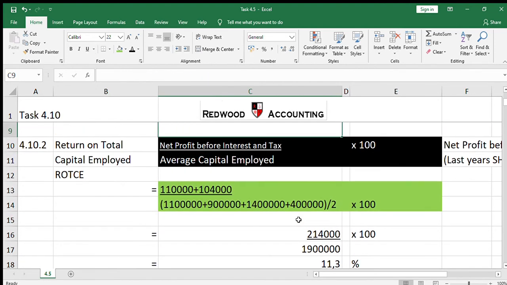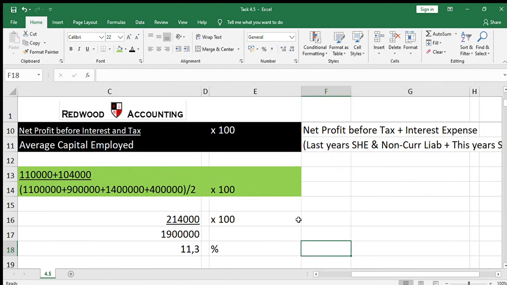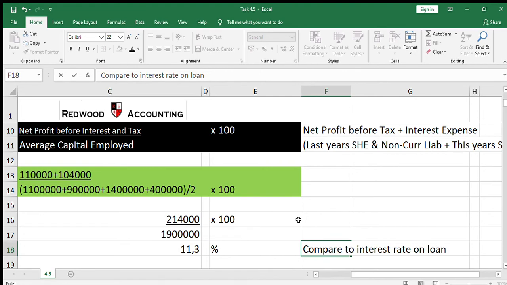Now, the return on capital employed. I'm just going to put a note here. We have to always compare to the interest rate on loan. Now in this question, we haven't been given the actual interest rate on loan. I have no idea why.